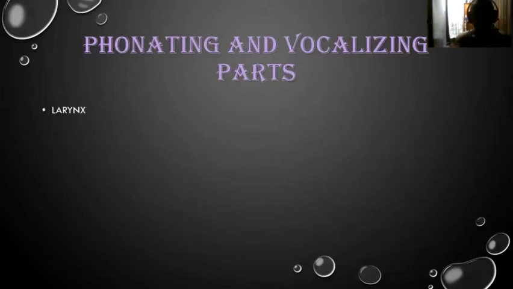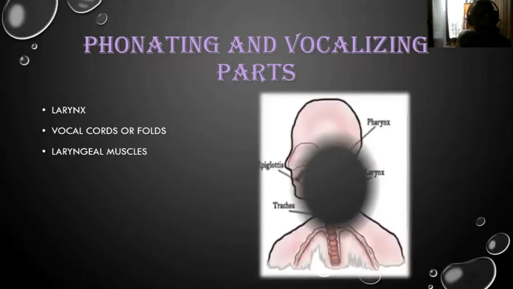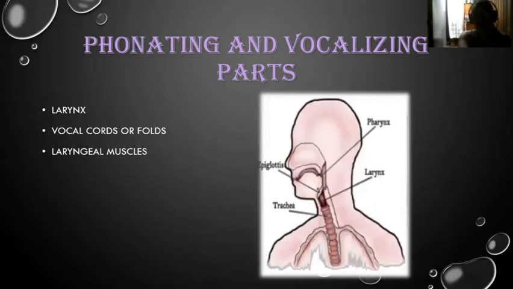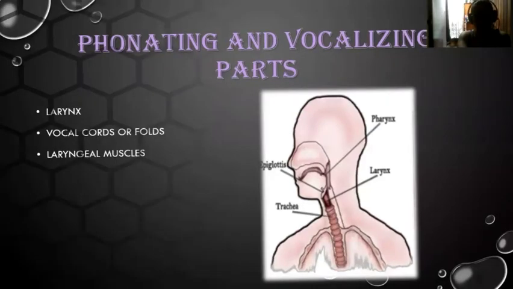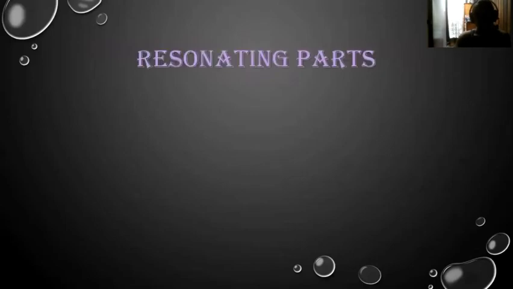We have the larynx, the vocal cords and folds, and the laryngeal muscles, and you can watch a better description in that image. Then we have the resonating parts, like the mouth, the jaw, the nasal cavity, and the uvula.